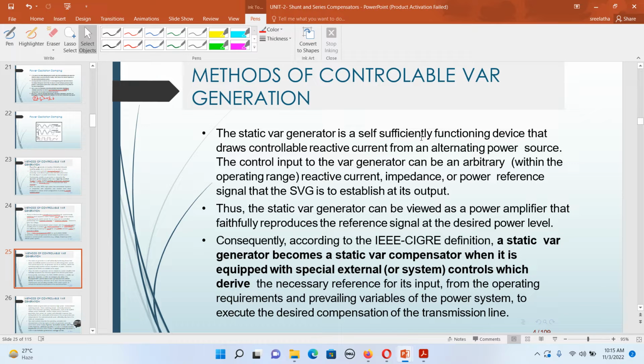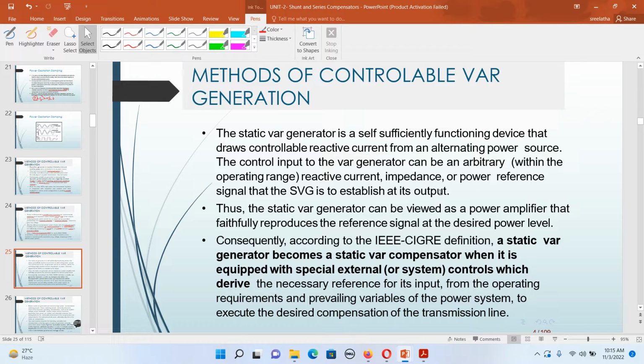A static var generator is a self-sufficiently functioning device that draws controllable reactive current from an alternating power source. So the control input of a var generator can be arbitrary within the operating range: reactive current, impedance, or power reference signal that the SVG is to establish.